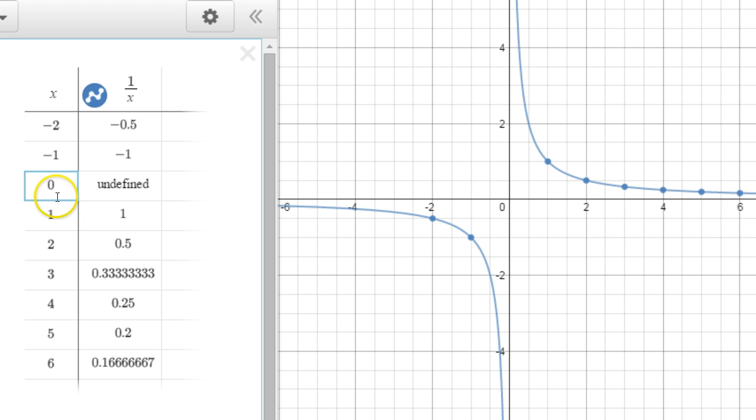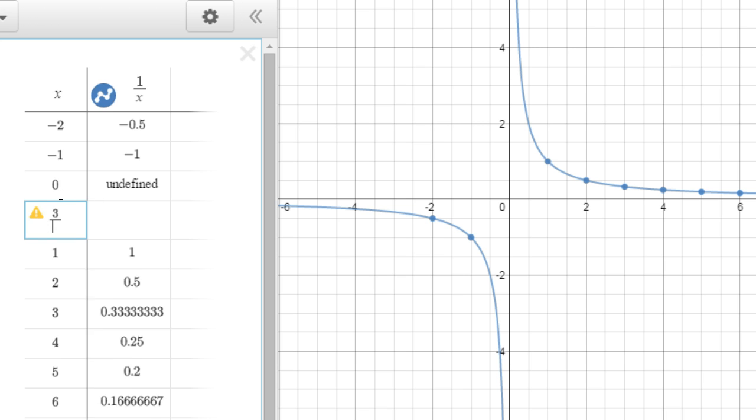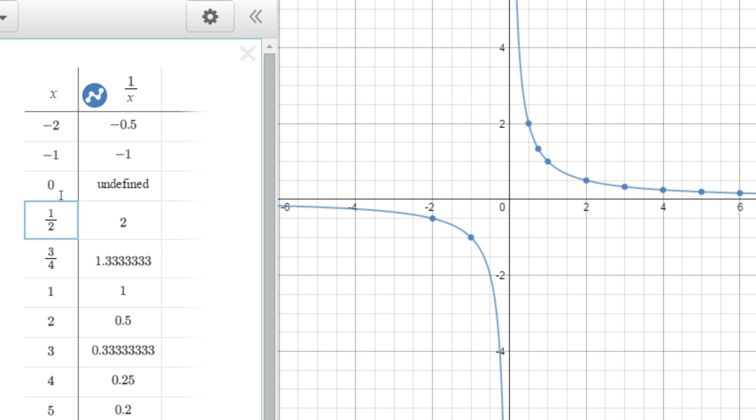But how do I show that as x decreases, y increases? Well, you have to go in here, press enter, and change this to, I guess, 3/4, some fraction between 0 and 1. Then I go back up, press enter again, and do 1/2.